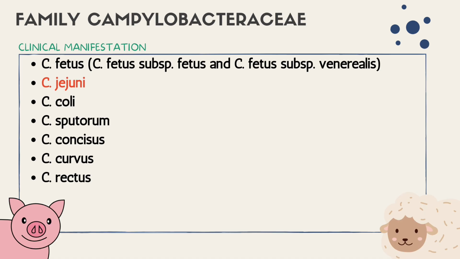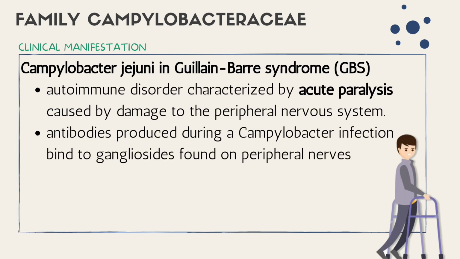So again, here are the organisms under Campylobacter that are more clinically significant. Lahat nito, especially your Campylobacter jejuni. Aside from bacterial diarrhea or gastroenteritis, Campylobacter jejuni is also associated with Guillain-Barré syndrome or GBS.